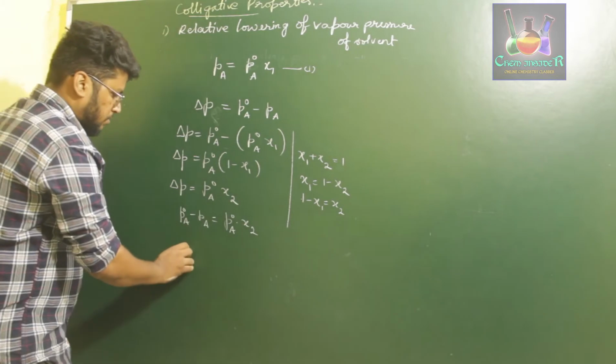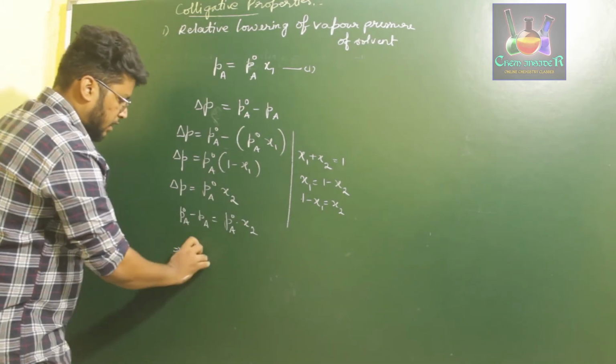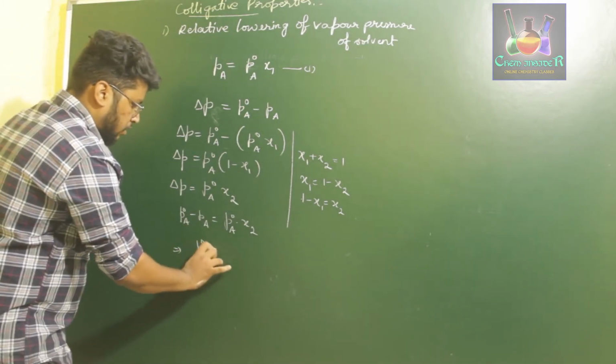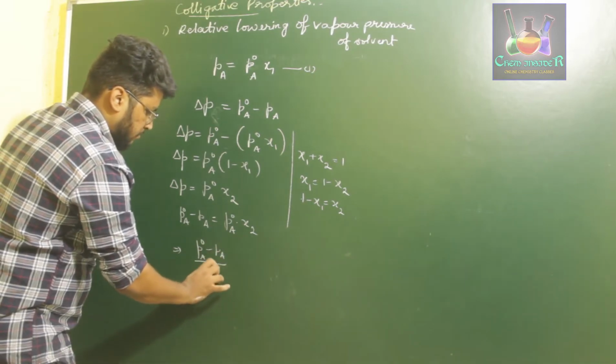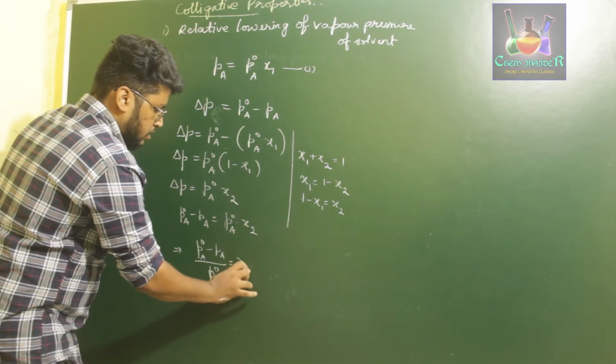Now taking PA naught to the denominator of the left hand side, we get PA naught minus PA divided by PA naught is equal to X2.